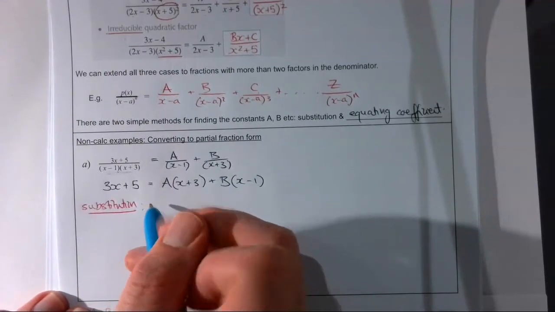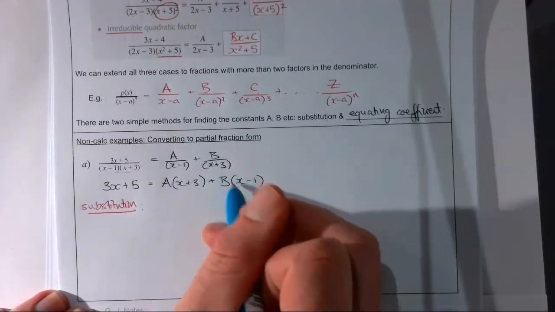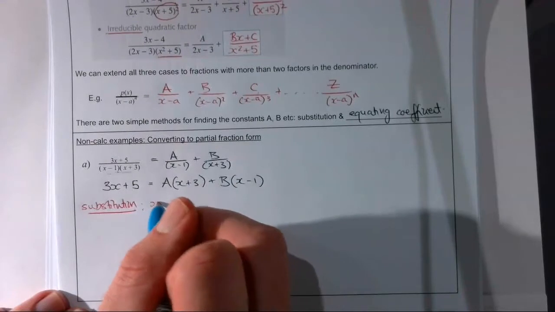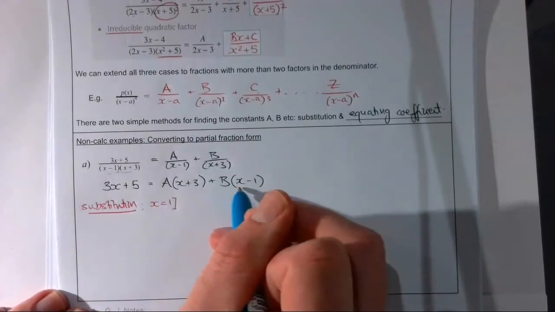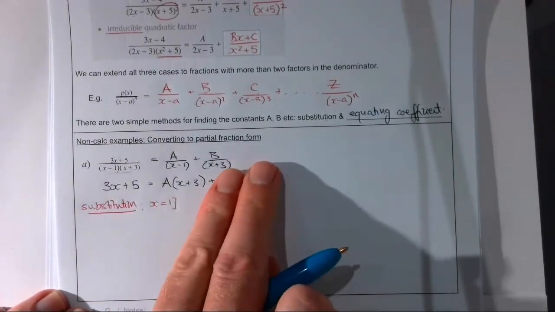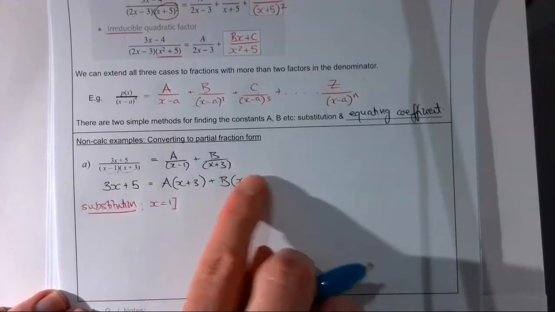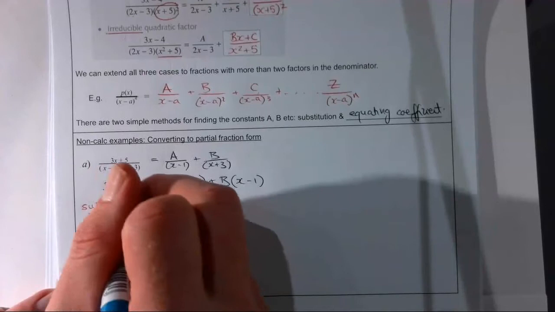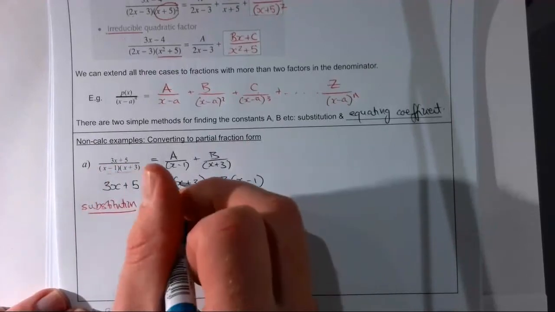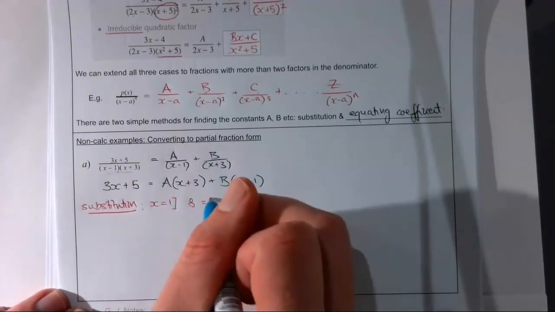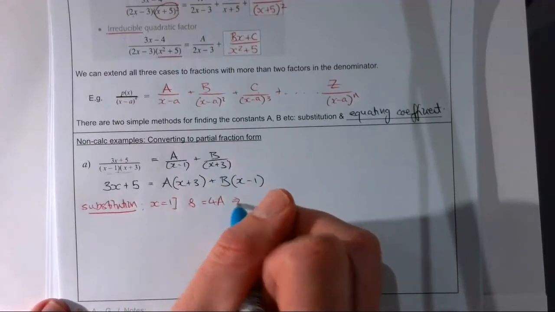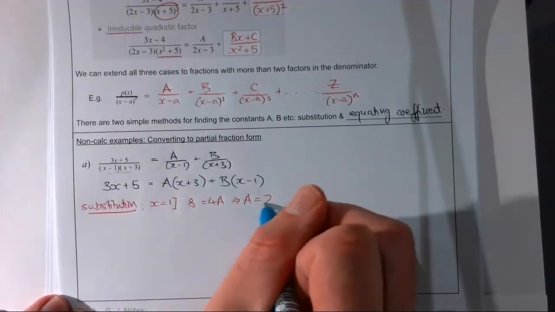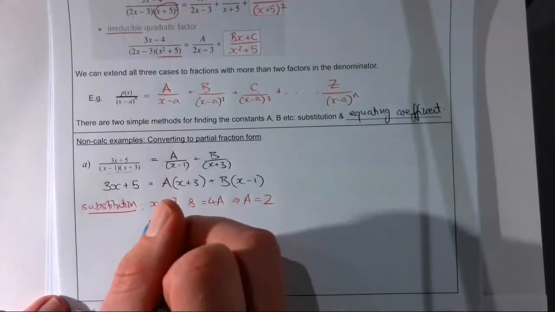So the first thing I'm going to substitute in is x equals 1, because then on the right hand side this term disappears, as the bracket becomes 0. Left hand side, 3 times 1 plus 5 is 8, equals A times (1 plus 3), which is 4A, so A is 2. We've straight away found one of the values.